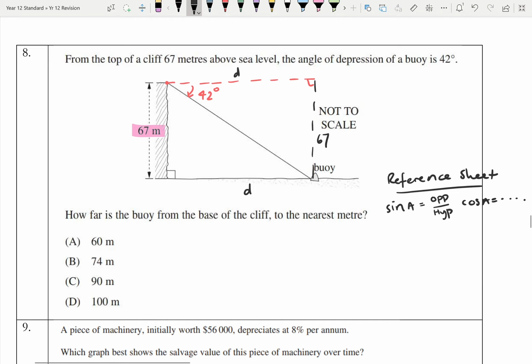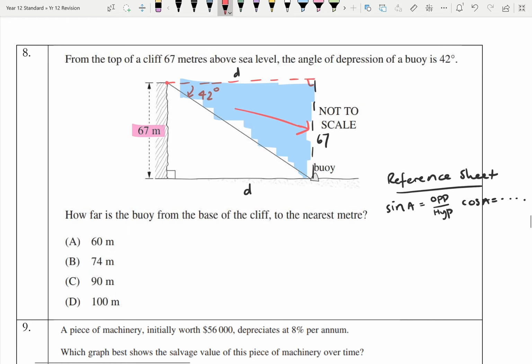So when we do this kind of question, we want to start with our angle, our 42 degrees, and we're going to look at what sides do we have in that triangle. Now I'll color it in blue so you know exactly what triangle I'm talking about, just that one there. And what sides have I got? Well, from that angle, I've got the opposite side, the side that is opposite that angle.